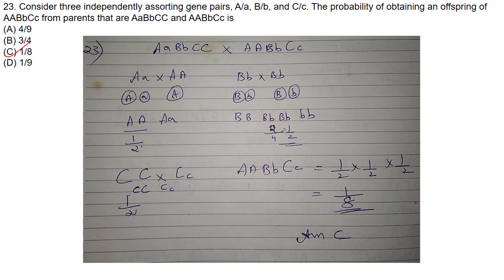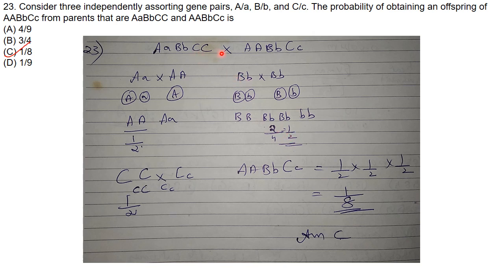So to get capital A, you have the parents capital A, small a, and capital A, capital A. They cross together and you will get capital A as half. Similarly, capital B, small b into capital B, small b, you want in the offspring capital B, small b, so you will get it as half.